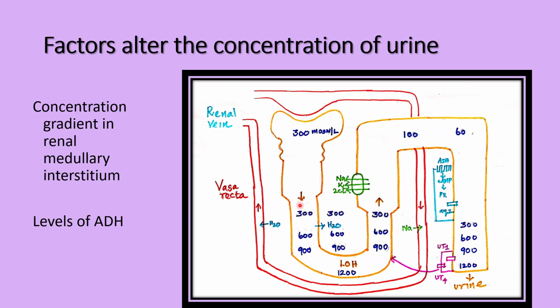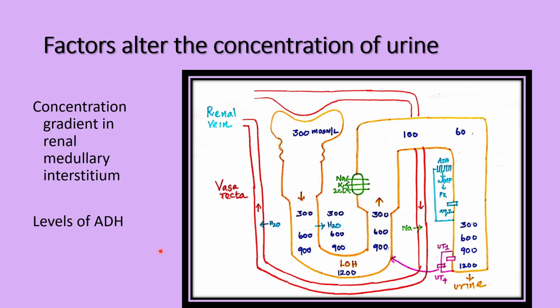Gradually it increases towards the tip of the loop of Henle: 300, 600, 900, 1200, up to 1400. When it reaches the distal convoluted tubule, the concentration gradient decreases again: 900, 600, 300. This increase towards the tip of the loop of Henle is important for the concentration of urine.